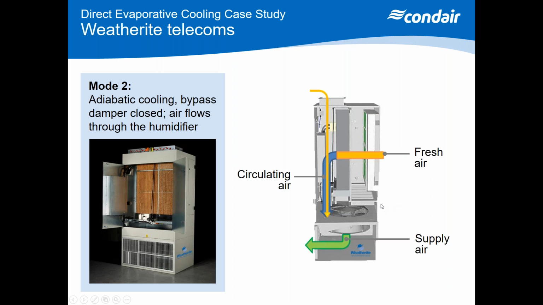At this condition, the bypass damper will close, and that forces air through the evaporative media. Water is evaporated, so we see the subsequent reduction in air temperature, increase in relative humidity, and increase in moisture content. That, if required, can be mixed with circulating air and then goes down to the bottom of the unit and is supplied out. So we get evaporatively cooled air going into the space.